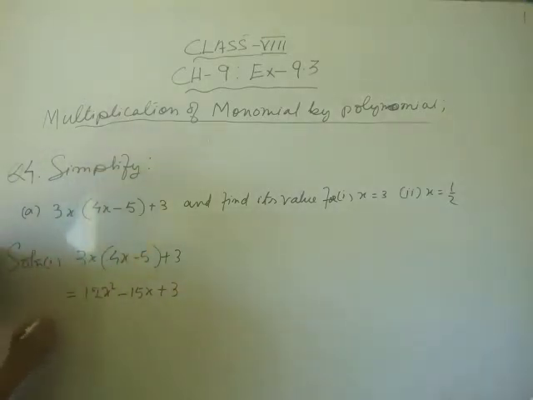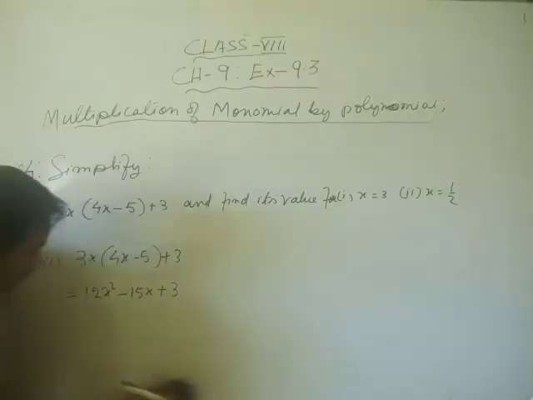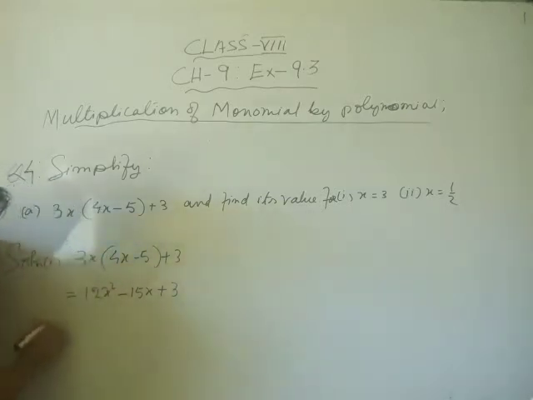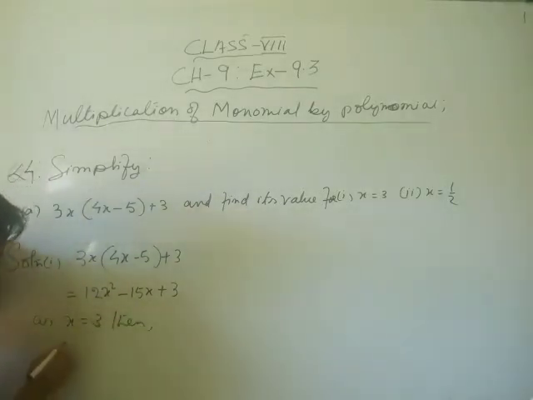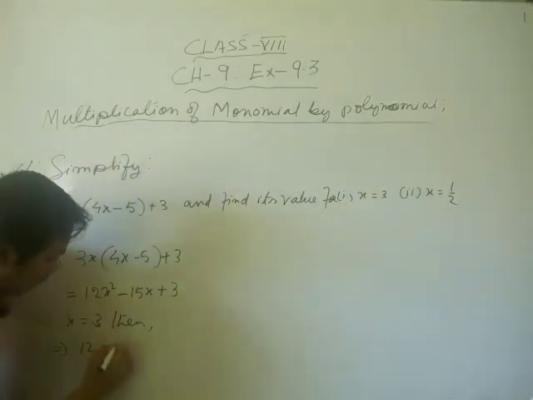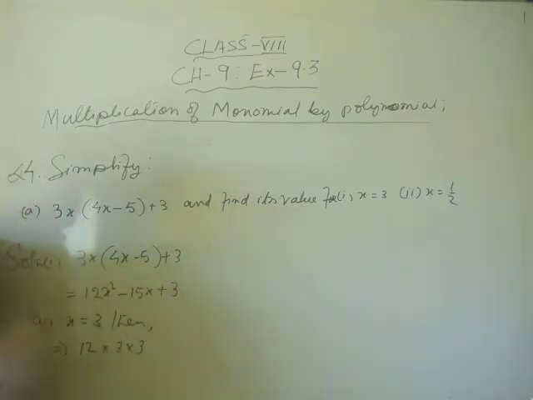Okay, then we know that as x is equal to 3, it implies 12x squared means x into x multiplying, that means 3 into 3.